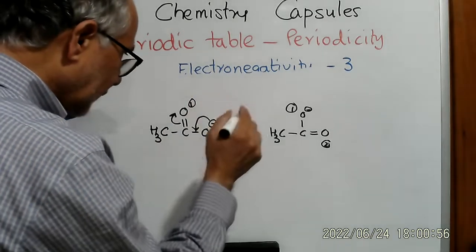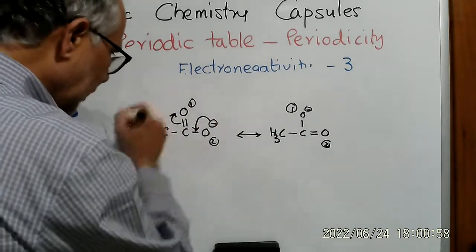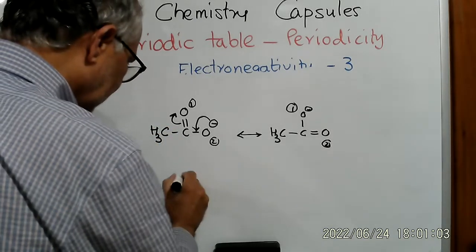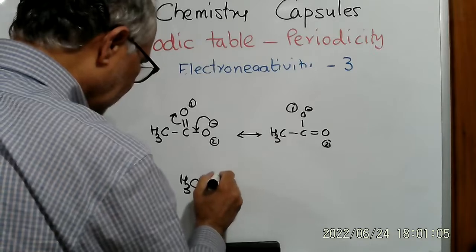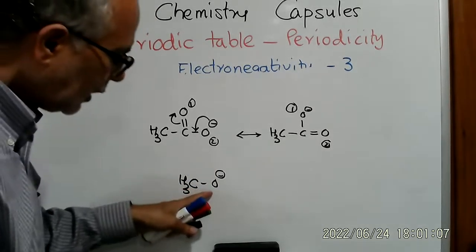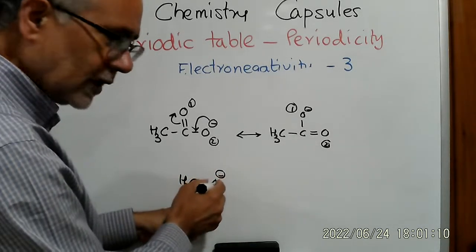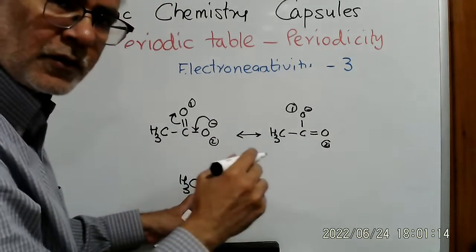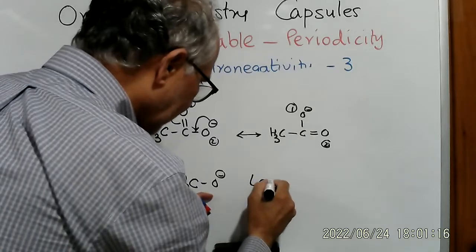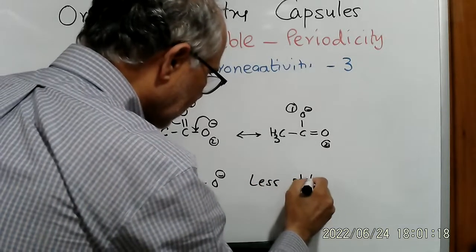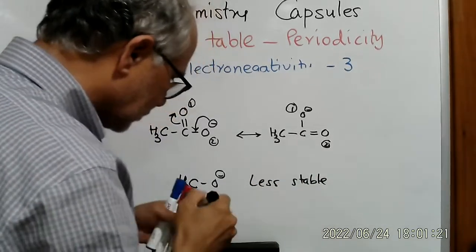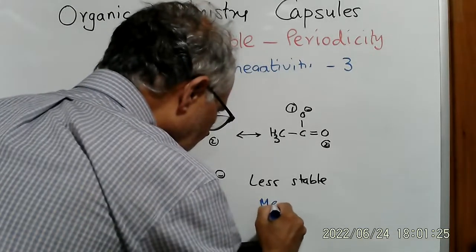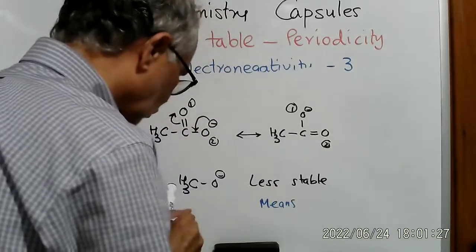So for that reason, the acetate ion, for example, is more stable than, let me give you another ion here, CH3O minus, which is less stable, that means more reactive. Less stable means more reactive.